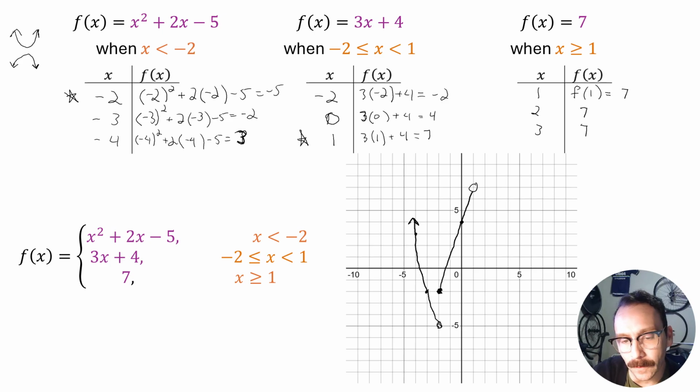Cool. Okay, so if you're still with me, the last thing we're going to plot all together is this guy, f of x is equal to 7. This was when x is greater than or equal to 1. So we plugged in 1, 2, and 3 and saw this is just a flat horizontal line. And actually it picks up where we left off, isn't it? So I'm going to go ahead. I get to fill in this circle.